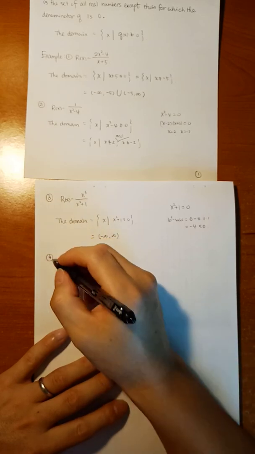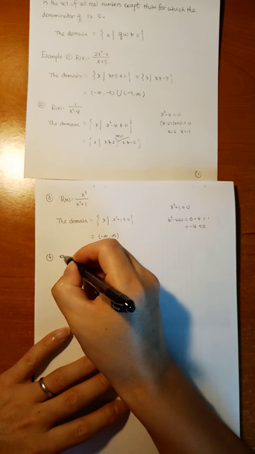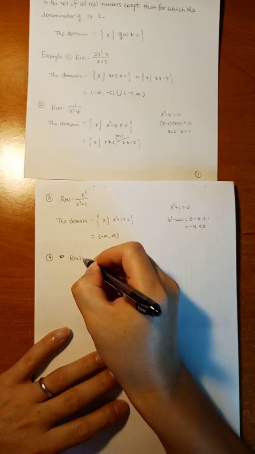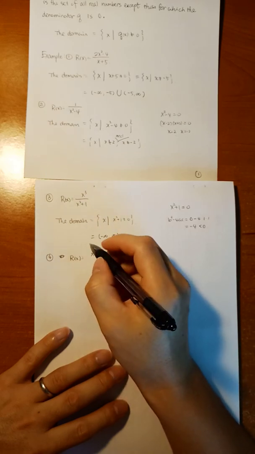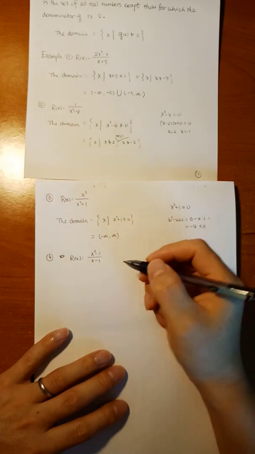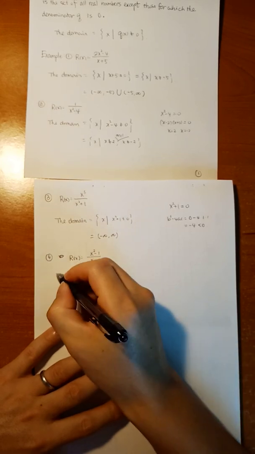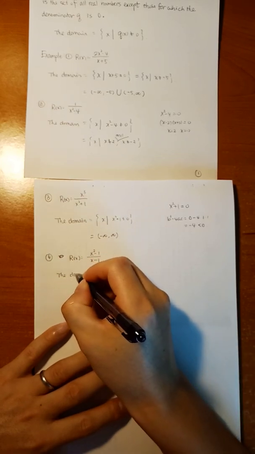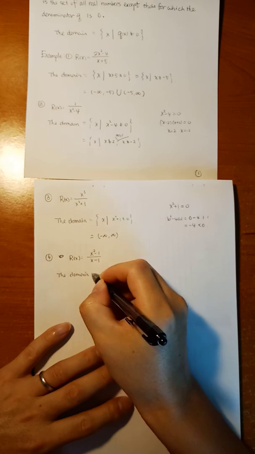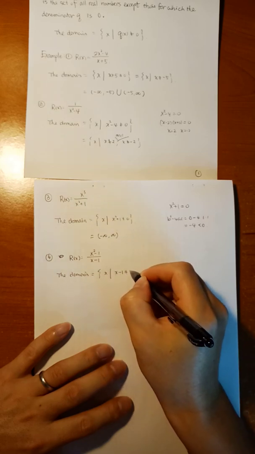For the domain of r of x equal to x squared minus 1 over x minus 1, by the definition, the domain is x so that x minus 1 is not equal to 0.